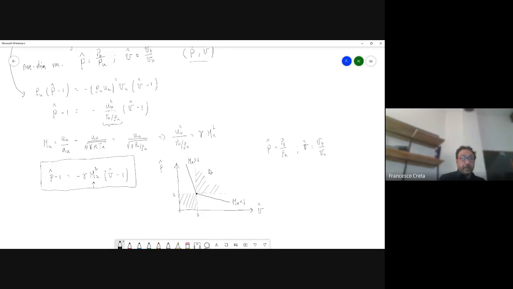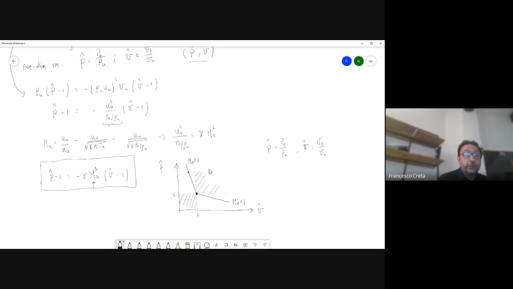Again, M_u can be thought of as the upstream Mach number in the wave stationary reference. And 1, 1, this dot here, can be thought of as the upstream state. So what does that mean? It means that all downstream states that are compatible with the conservation of mass and momentum all lie on these lines.